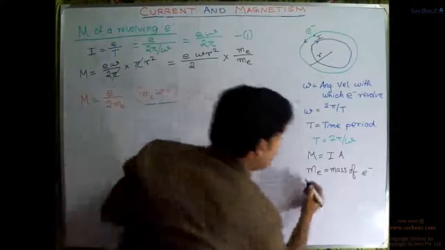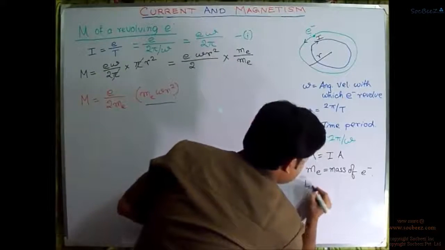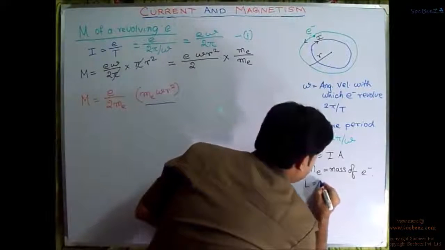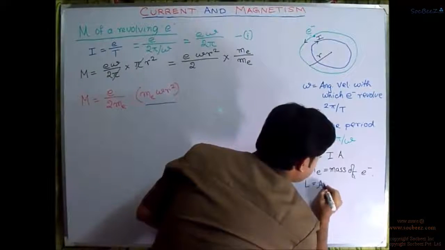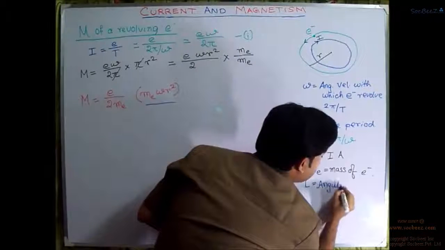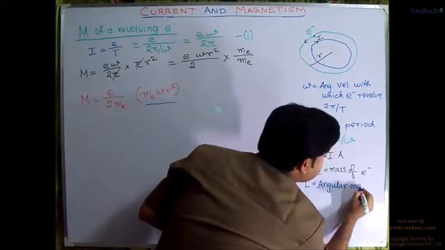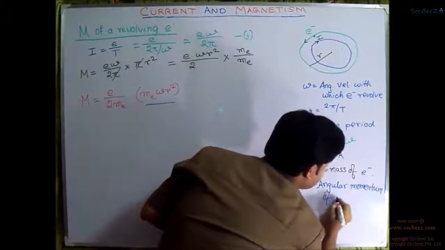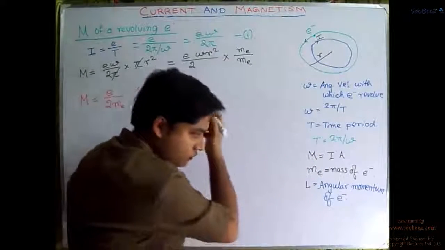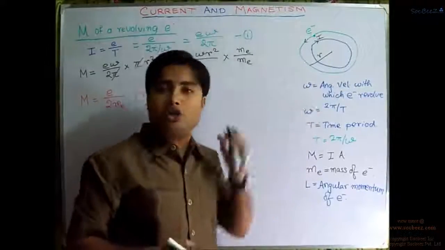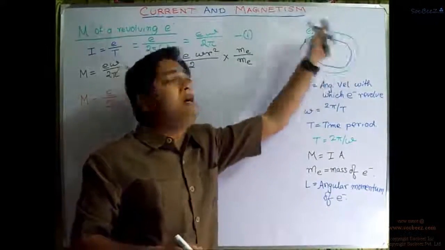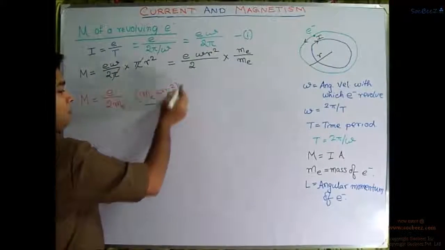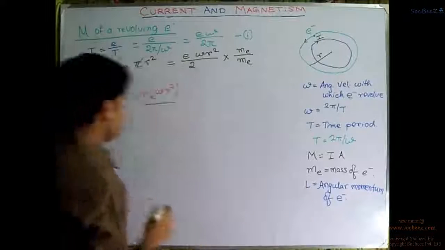And as we know, the angular momentum is denoted by capital L, so capital L is the angular momentum of this particular electron which is revolving around this orbit, this green path, right? So we can replace this particular term as L.